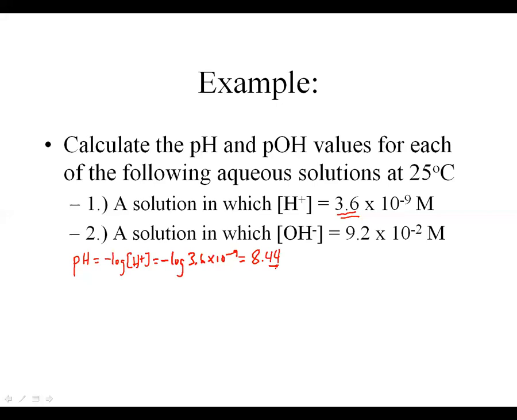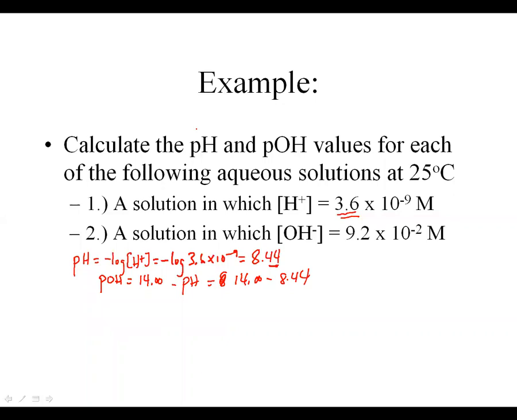Once we have that, probably the easiest way to get the pOH is to just take that the pOH would equal 14 minus the pH, and that would get us 14 minus 8.44, and that would give us a 5.56 in terms of our pOH.